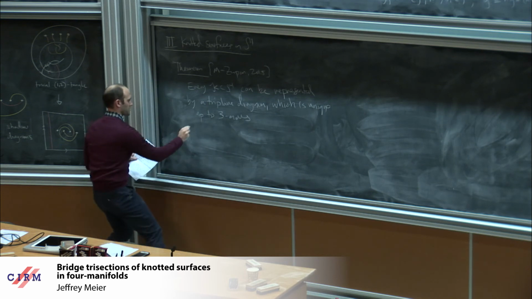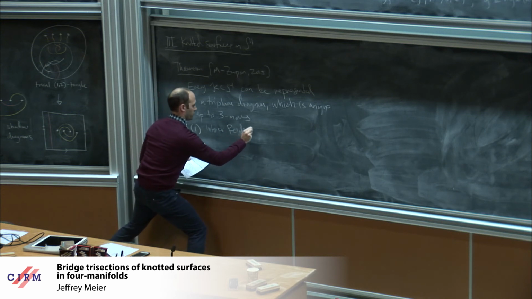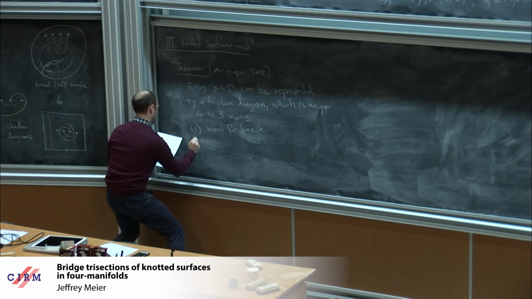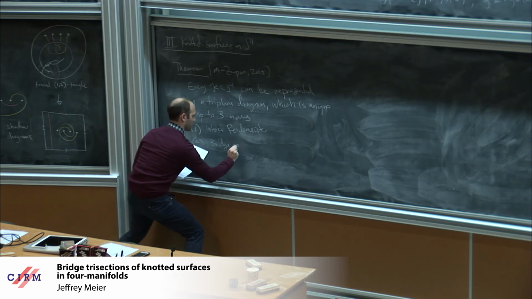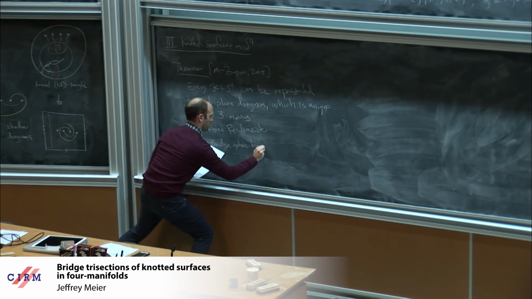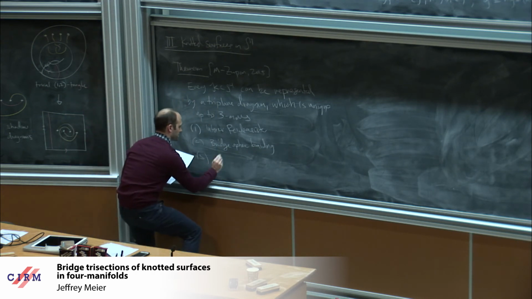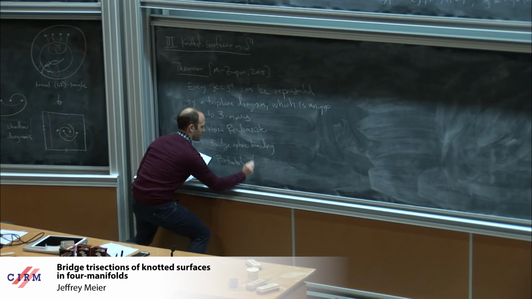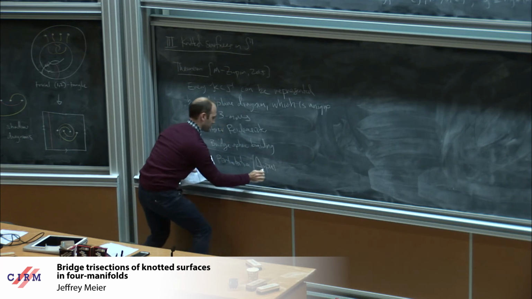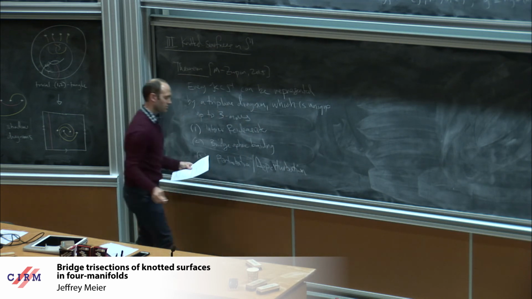What are the 3 moves? The first move is interior Reidemeister. The second move I'll call bridge sphere braiding. And the third thing is this perturbation I was talking about: perturbation and deperturbation.